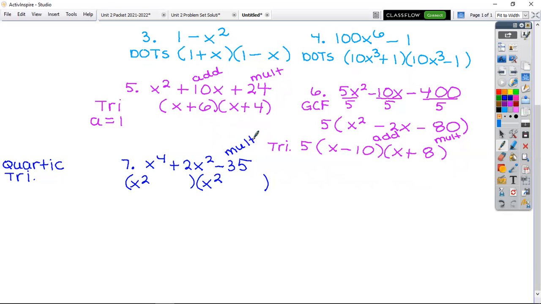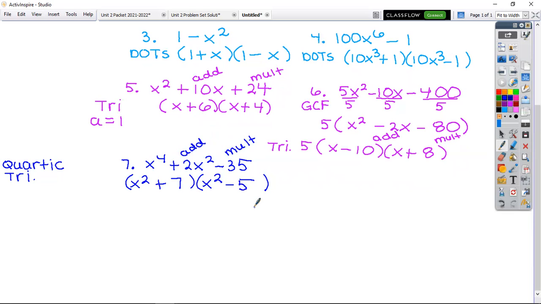I'm going to ignore this x squared, and they need to add to be 2. So what multiplies to negative 35 adds to 2? 7 and negative 5, got it. Just like that.